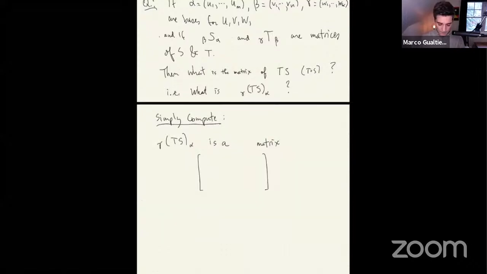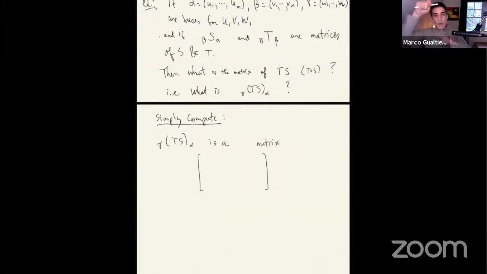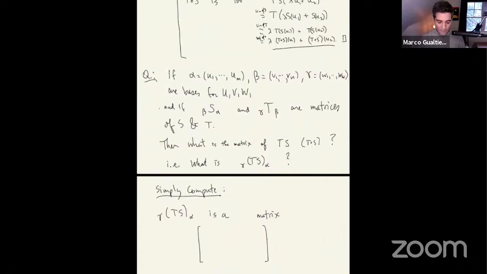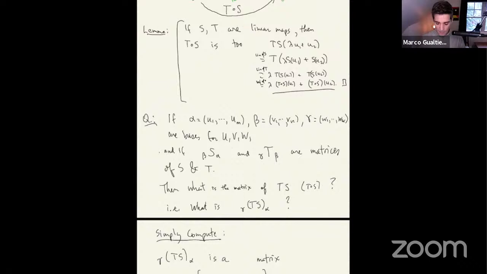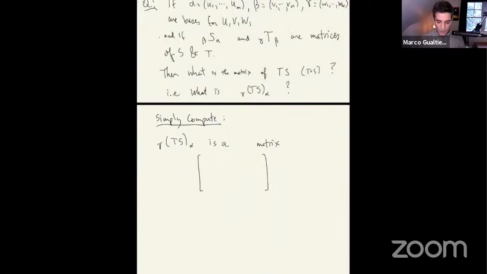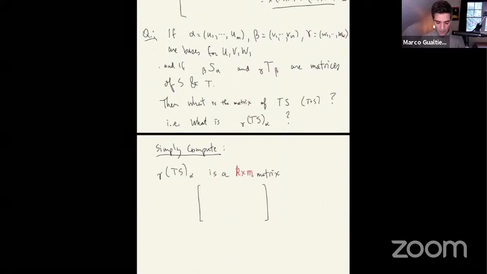And the number of rows will be the size of the basis gamma, because I'm going to expand the results in terms of the basis gamma. So because alpha has m elements and gamma has k elements, this will be a k by m matrix.